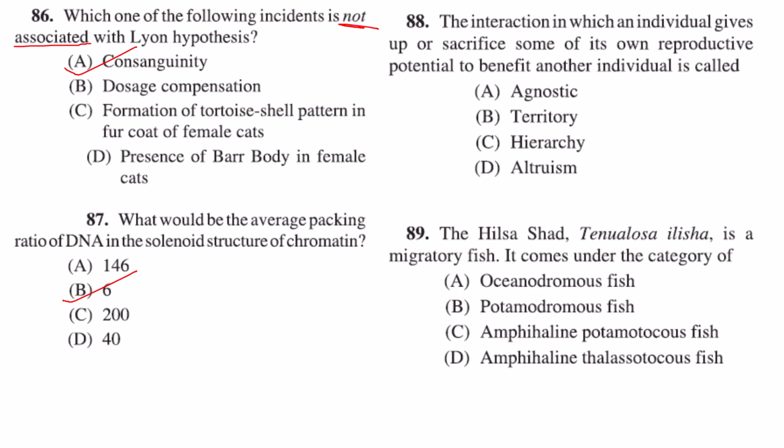So the average packing ratio of DNA in the solenoid structure of chromatin is 6. And the number 146, if you remember, is the number of base pairs of DNA that is wrapped around the histone in the nucleosome.